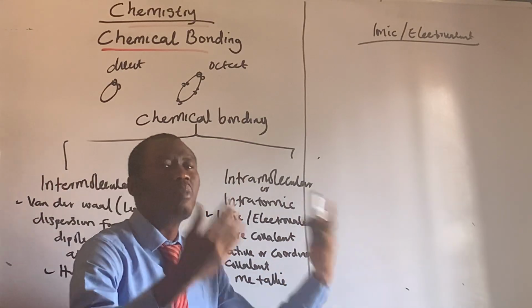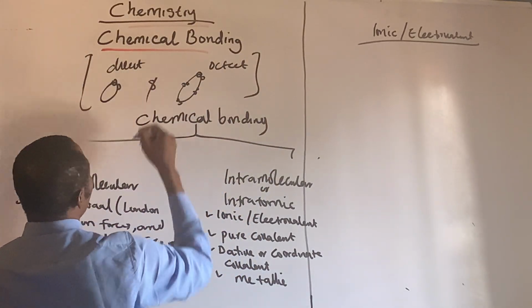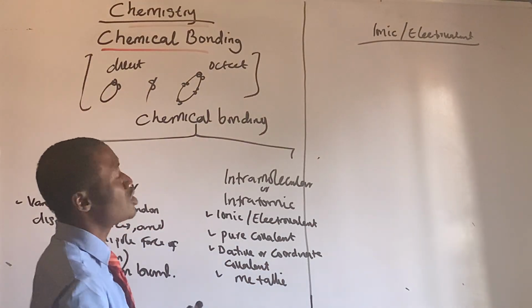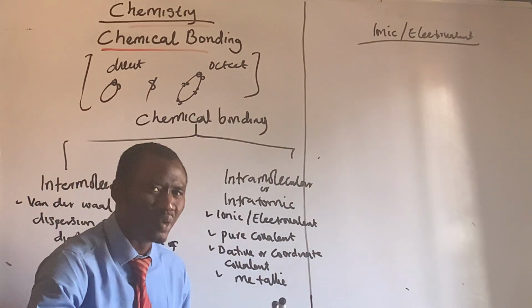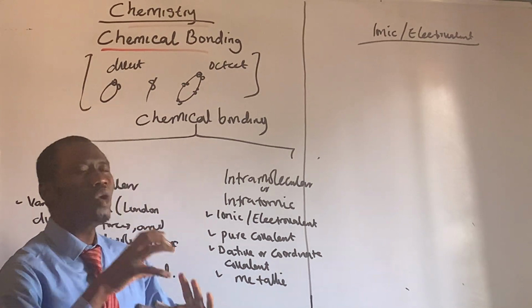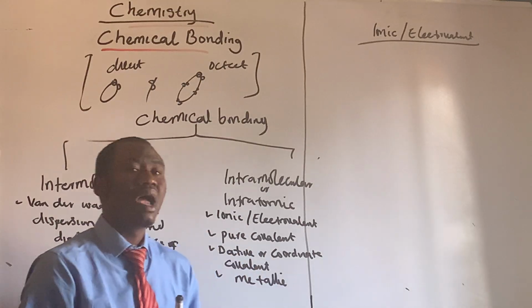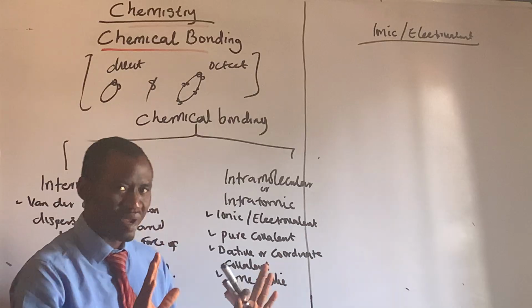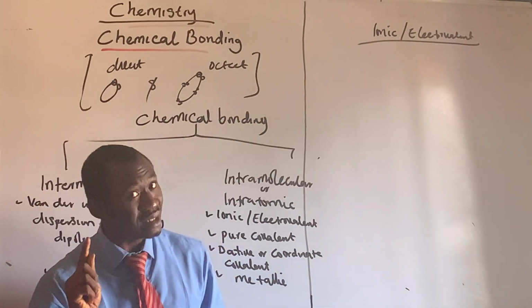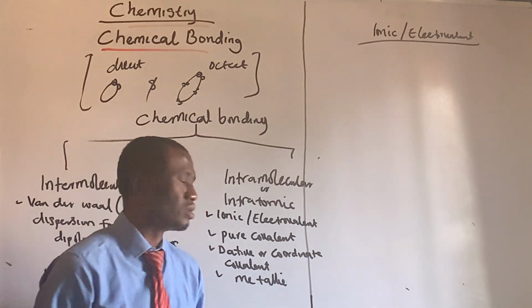The noble gases, which are duet and octet, or the group 8 elements, are stable and unreactive. Under extreme conditions like high temperature and pressure, they can be forced into reaction, but ordinarily they don't react.